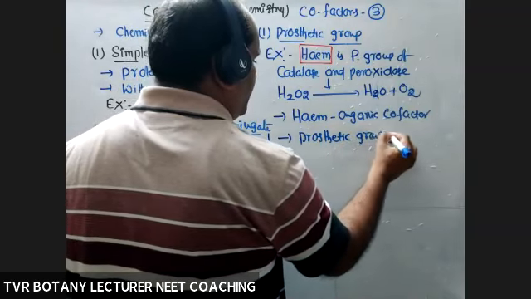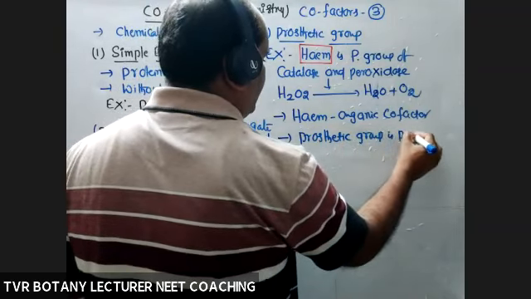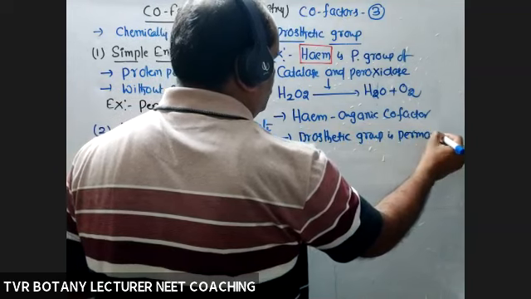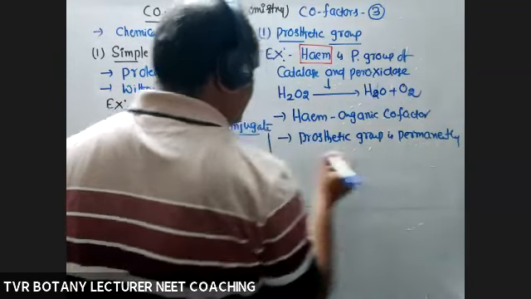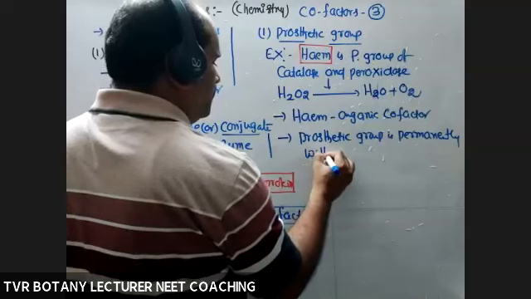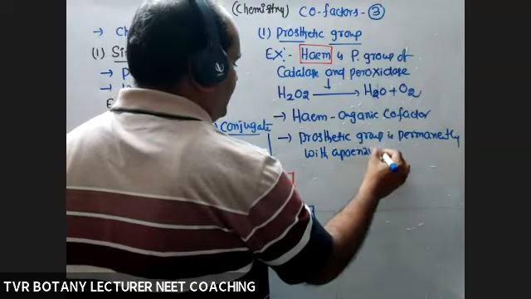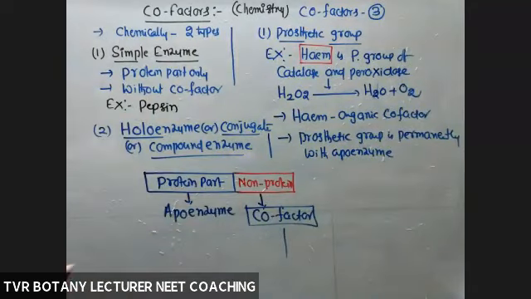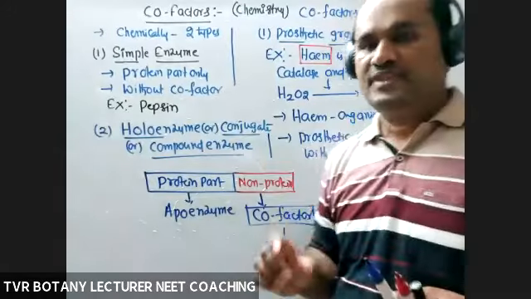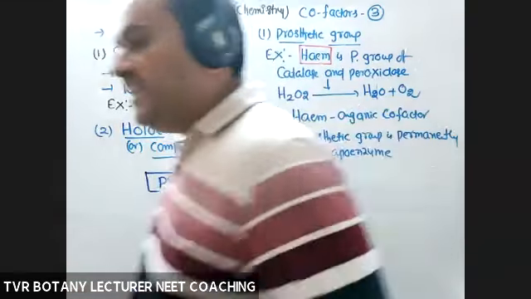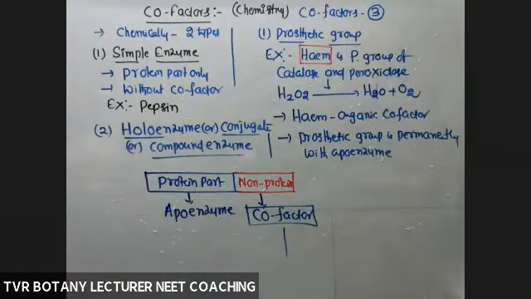A prosthetic group is permanently associated with the apoenzyme, not transient. Heme is one type of prosthetic group that is permanently in association with the apoenzyme part of catalase and peroxidase.